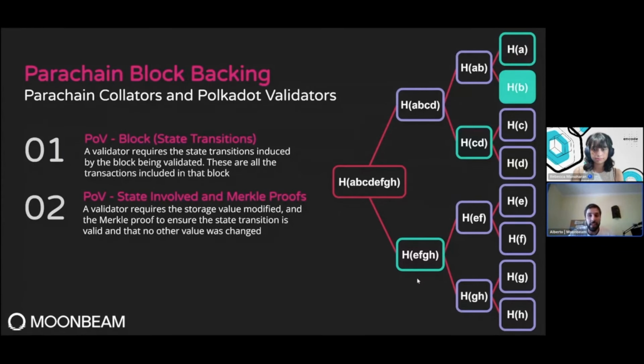Because remember that this hash right here, E, F, G, H, is a summary of everything that is underneath it, okay? If the collator tries to trick you by changing this value here, it will be different, and then this value here will be different because it's the hash of these two things combined, okay? And so hashing is a really good way of ensuring, with a single 32 byte component, that everything is solid, it's valid, that nobody cheated, okay?